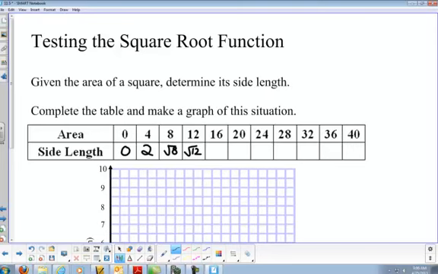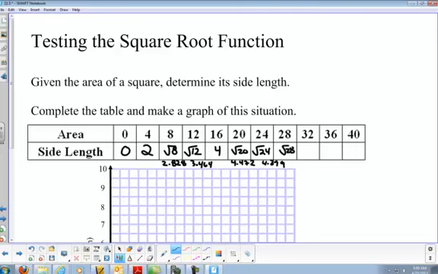And if you want to put these as decimals, since we're going to be graphing it in just a second, the square root of 8 is 2.828. And the square root of 12 is 3.464. The square root of 16 is 4. The square root of 20 is 4.472. The square root of 24 is 4.899.